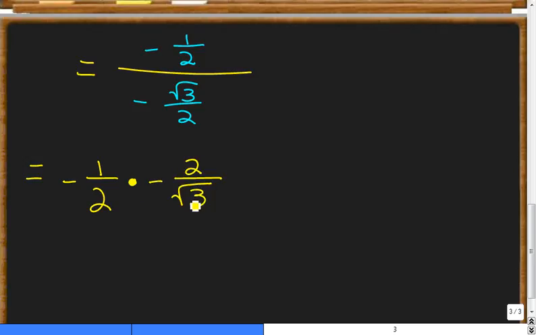This is completely fine to do. Now, our negative values will cancel, so we end up with a positive number. 1 times 2 makes 2. 2 times the square root of 3 makes 2 times the square root of 3. Now, you're not finished. Okay, so we can cancel these.